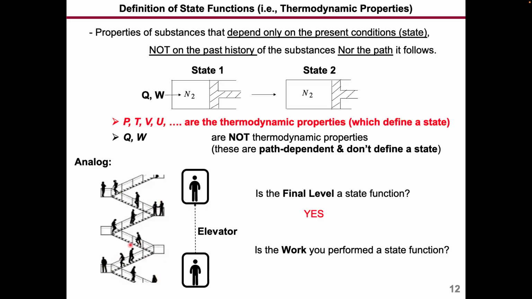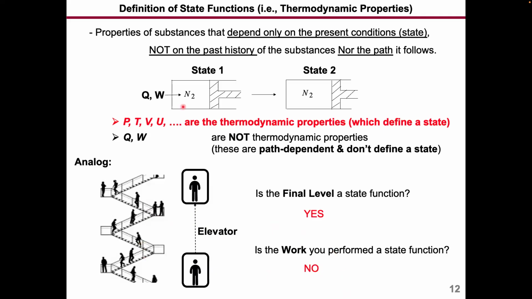So we are actually performing a lot of work. The total amount of work that you perform during this process is different: essentially 0 here, but a lot here. So is the work you perform a state function? The answer is no.